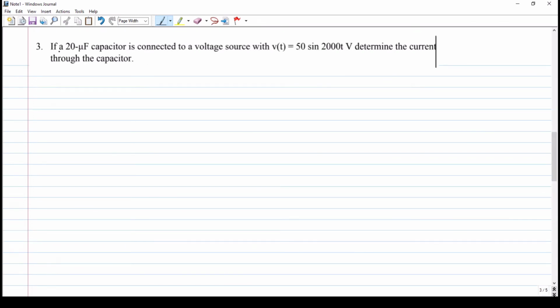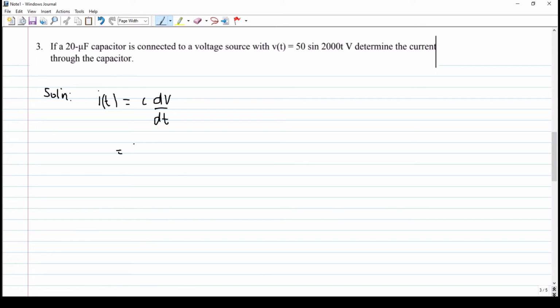Next problem. If a 20 microfarad capacitor is connected to a voltage source with v of t equals 50 sine 2000 t volt, determine the current through the capacitor. Solution. i of t is equal to C dV over dt. Okay.